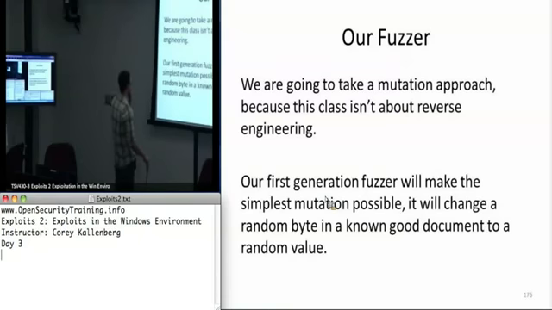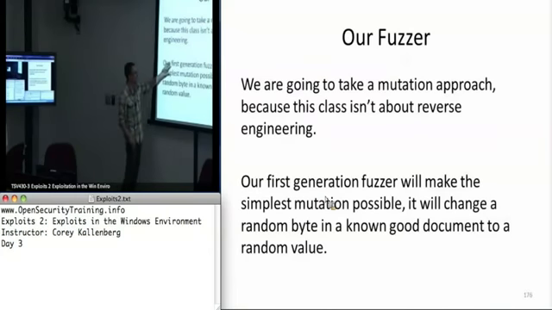So for our purposes, we're going to be using a mutational approach because it's easier, because like I said, this class isn't about reverse engineering. I don't want you guys to have to use IDA-Pro for 6 hours to figure out what Corey's crappy document specification is. Instead, I'll be providing you with a sample of known good CDF files, and we'll be fuzzing those.